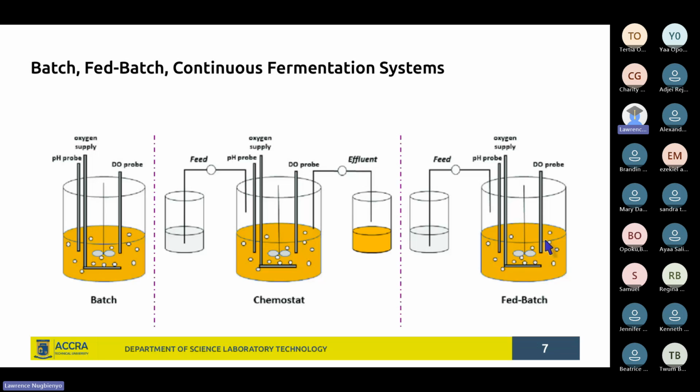You compare that also to the fed batch. You notice that there is no harvesting vessel connected to the production system, but you have a feed reservoir connected so that at intervals you have the introduction of the feed into the system. So you can see the differences between these three industrial fermentation systems all at once.